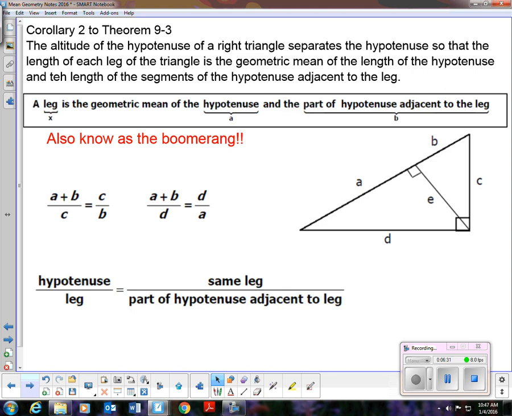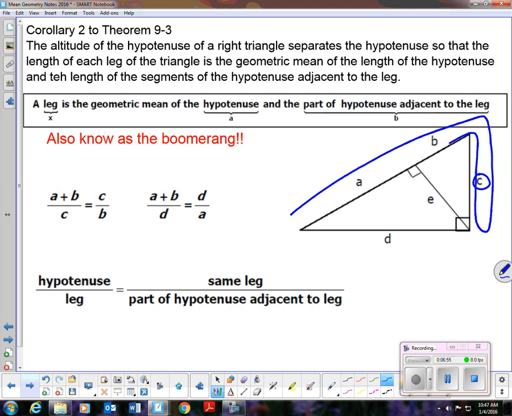All right. So there's another corollary. Corollary 2 to theorem 9-3 says that a leg is the geometric mean of the hypotenuse and the part of the hypotenuse adjacent to the leg. You can highlight this theorem, but the little box here is a shorter version. For this one, we call it the boomerang. If I'm looking at this leg right here, the boomerang means I do A over B, then B over C, where C is the part of the hypotenuse closest to that leg.